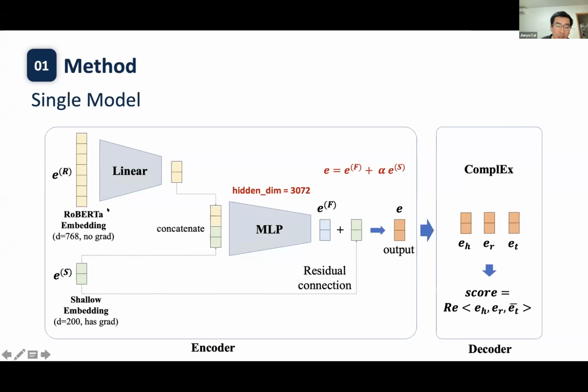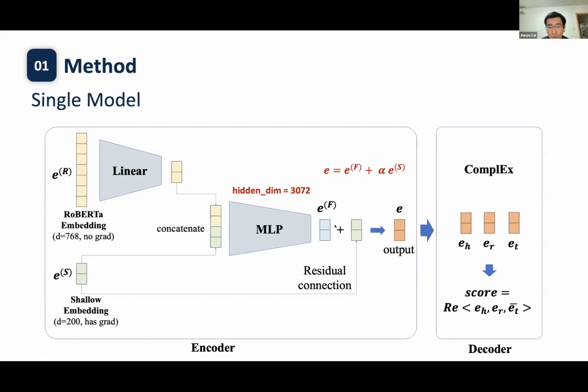We first use a linear layer to project the RoBERTa embedding into a small dimensional space, and then concatenate the projected RoBERTa embedding with the shallow embedding as the input of our designed MLP. Our MLP is a single layer MLP with a ReLU activation function. Note that in this MLP, we set the hidden dimension to 3000, such that we could learn a very powerful nonlinear function to fit this task.